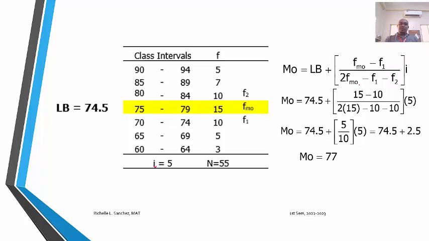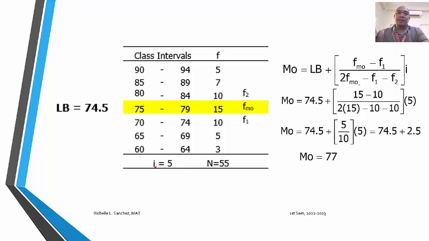The very first thing to do in computing the mode of grouped data is to determine the modal class. How can we determine the modal class? The definition of mode is the most appearing score in the distribution. So in this case, we are going to look for the class interval in which the frequency is the highest.